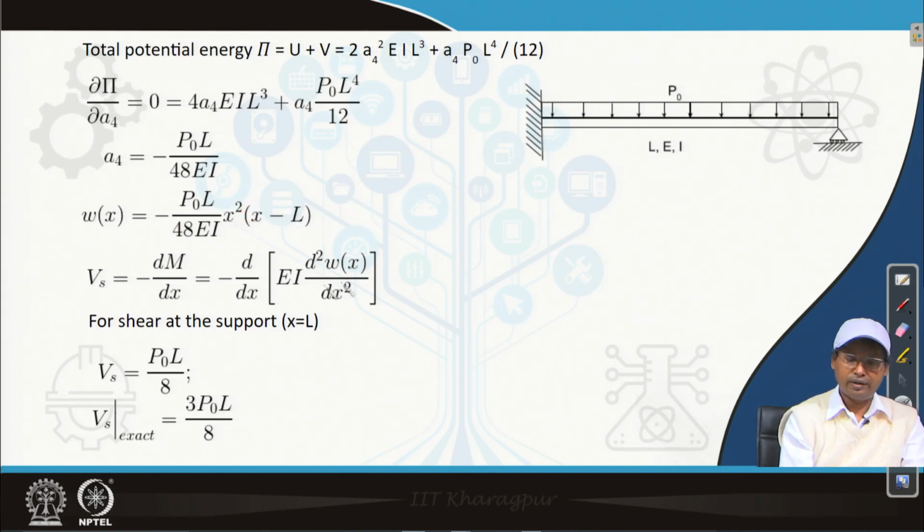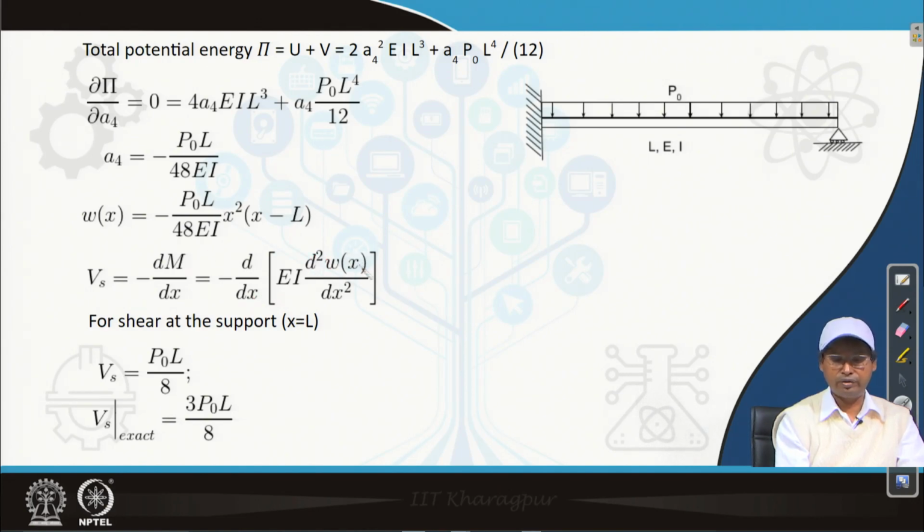And the shear force, if we are able to find out at this point, that is nothing but the reaction here. That is why the shear force has been found out, which is nothing but negative of del M del x, that is dM dx.